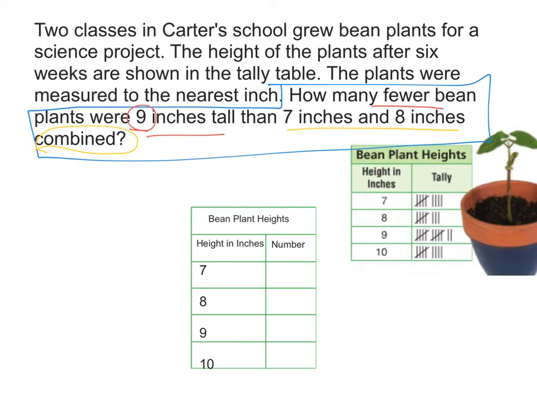So height in inches, 7 inches. Tally marks would be 5, 6, 7, 8, 9. For 8 inches, that would be 5, 6, 7, 8.